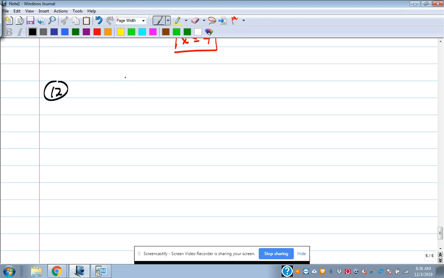Let's get one that doesn't have a log on each side. Let's say it's log base 4 of 5x minus 1 is equal to the number 3. This one doesn't have the same log on each side like the previous example did.